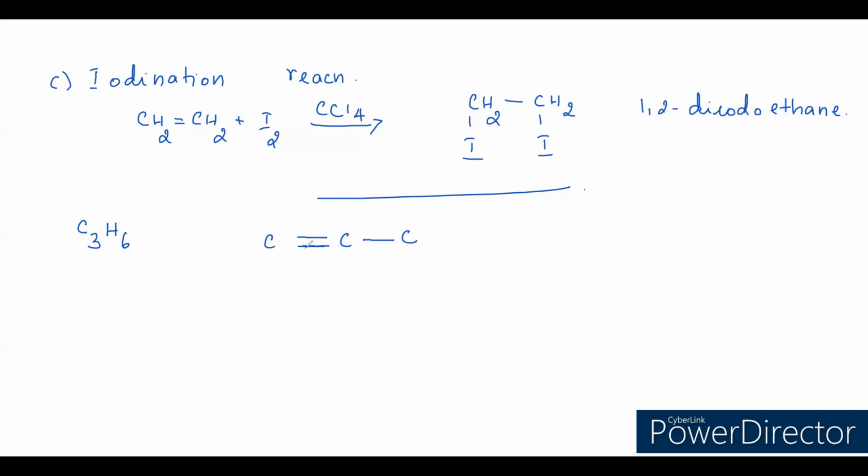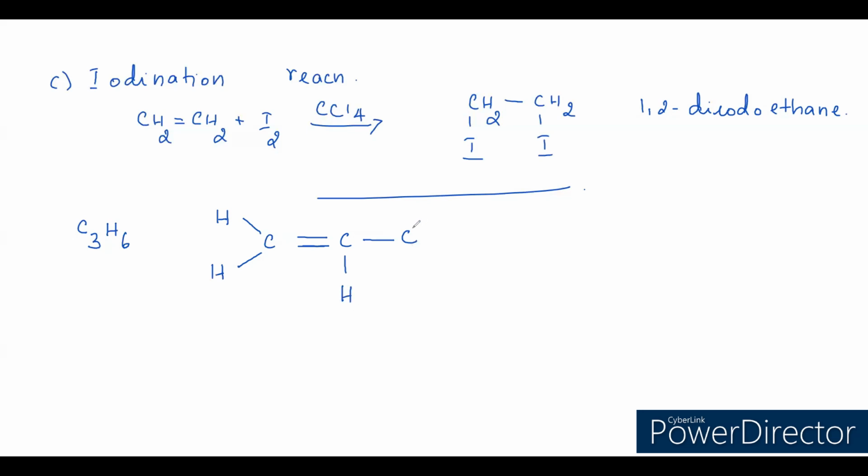On the first carbon, since 2 bonds are already formed, I need to represent 2 more bonds which are satisfied by hydrogen. The middle carbon, 1, 2, 3 bonds are already formed. So I need to add only 1 hydrogen on it.